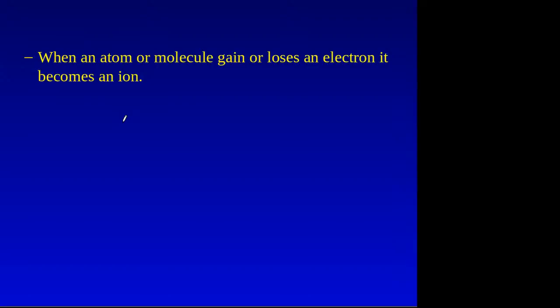If it loses the electron, it loses its negative charge, and it becomes a positively charged thing. It's going to become a positive ion. Right? And if it gains an electron, if it grabs one from somewhere else, it gains a negatively charged thing, and it becomes a negatively charged ion.